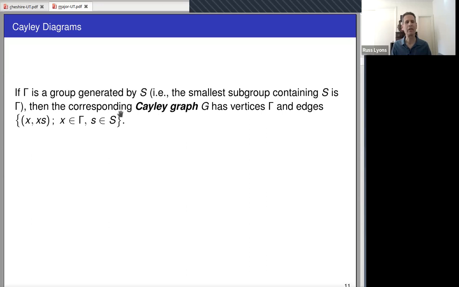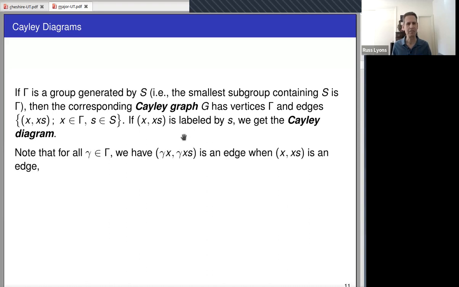So in general, here's the definition. This is going to be more important than it was yesterday. If gamma is a group generated by S, the corresponding Cayley graph has vertices gamma and edges x to xs, where x is in gamma and s is in this generating set. Multiply on the right. If we label the edge by s, then we get the Cayley diagram. Now, why are Cayley graphs transitive? Suppose I have a group element gamma and multiply this edge, in other words, both vertices of the edge, by gamma on the left.